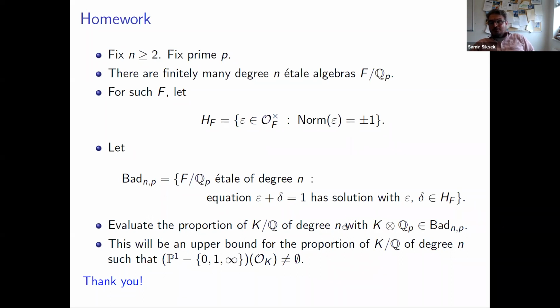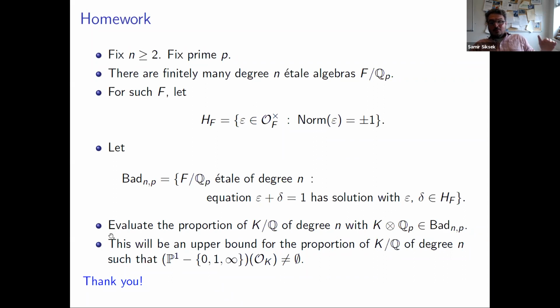That should be doable for degree, let's say, 4 or maybe 5. Or what people in arithmetic statistics often do is work with families where the integers are close to being monogenic, and maybe you could restrict to a family like that.